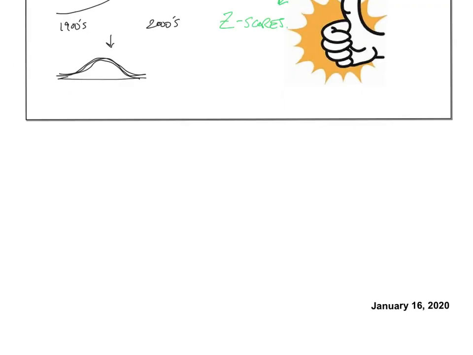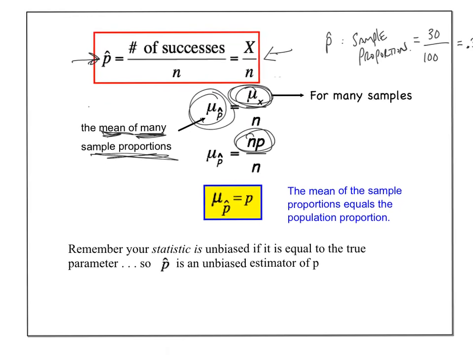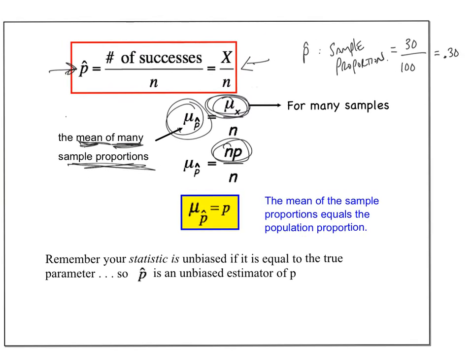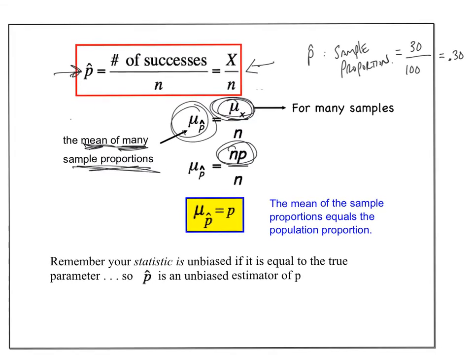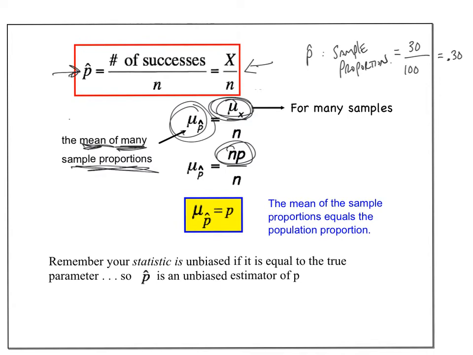So I'm just replacing that here. Mu of x equals np over n, and then you'll see that the n's will cancel, so I just get p. Now this is a formula that we are going to be using when we're talking about our sampling distribution.